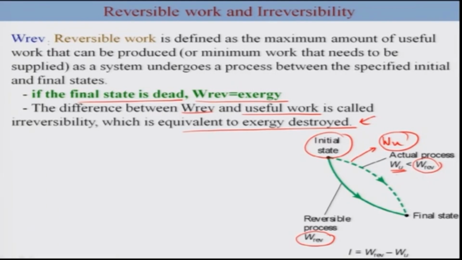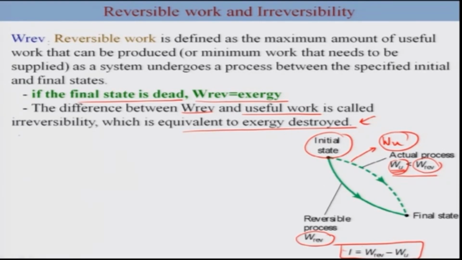So here we are going to consider a work producing device where the maximum work is for the case of reversible work or reversible process, and hence your W reversible is greater than W useful. So the difference between them would be corresponding to the irreversibility. Okay, and this is nothing but equivalent to Exergy destroyed.